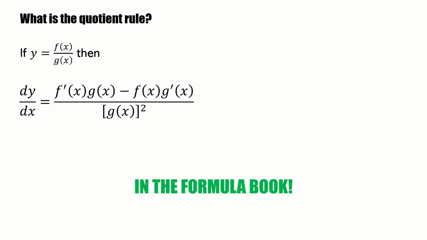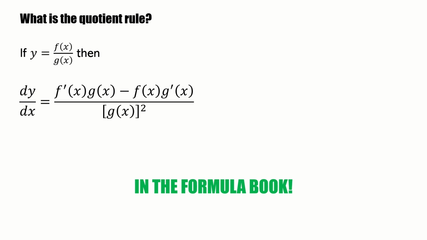The only downside to it is that they do, in the form booklet, write it in function notation, which I'd argue is a bit more annoying, having all these f of x's, g of x's, and the f prime, the f with the little apostrophe that is, to indicate that you're talking about the differentiated version of f of x, is a little less easy to use at a quick glance.